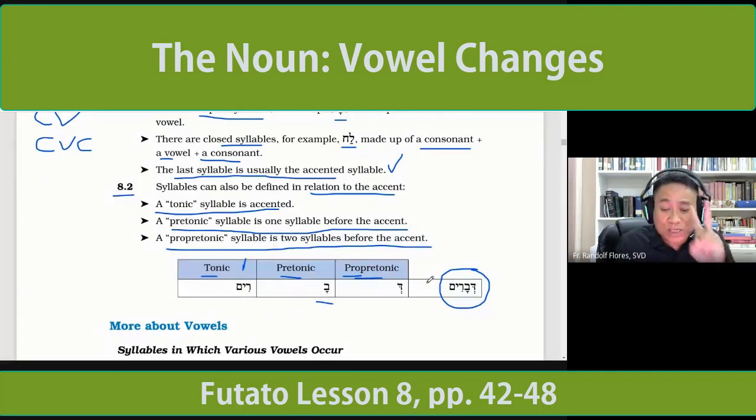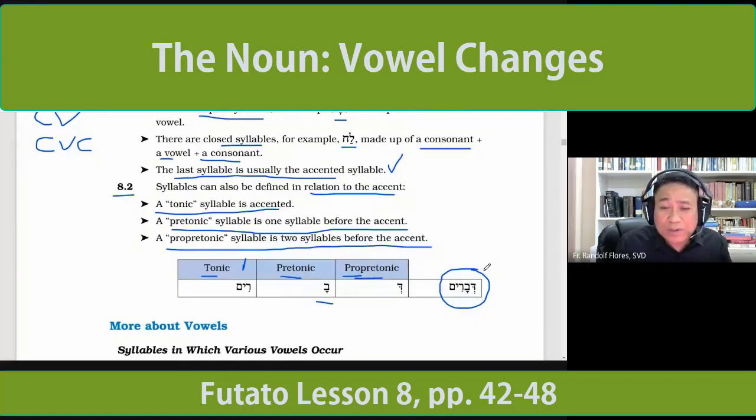If there are only 2 syllables, no propretonic. It is very rare that you will have 4 or 5 syllables in Hebrew. Most of the time, maximum is 3 syllables. Common is 2 syllables, and also there are many 1-syllable words.